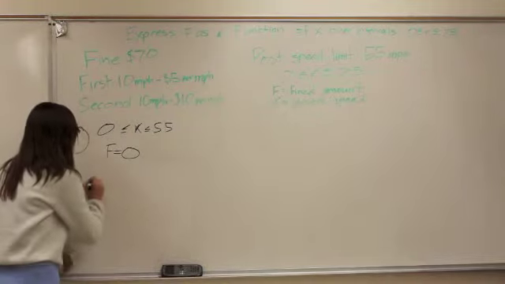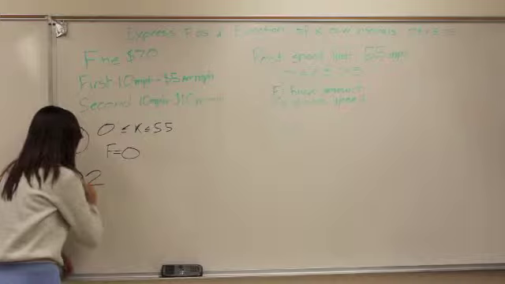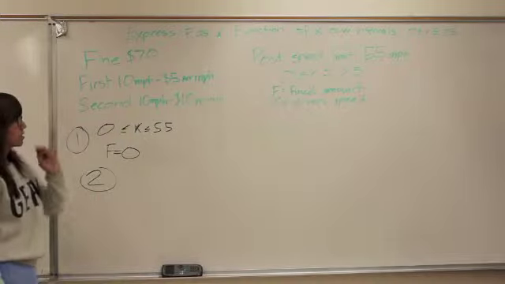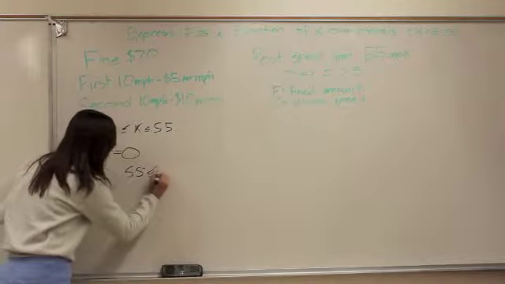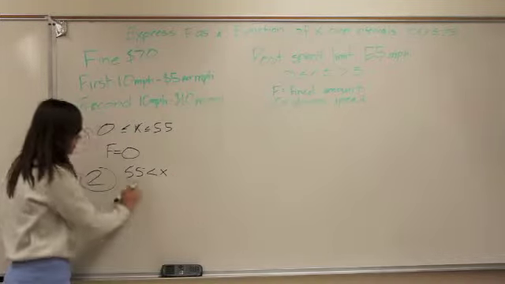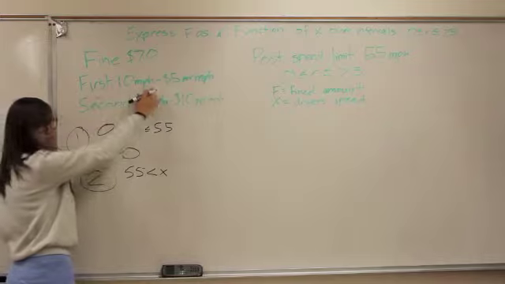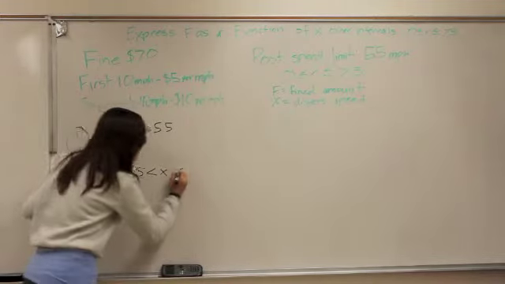So the second function for this problem would be taking the interval 55 and adding the first 10 miles per hour, which would make it 65.